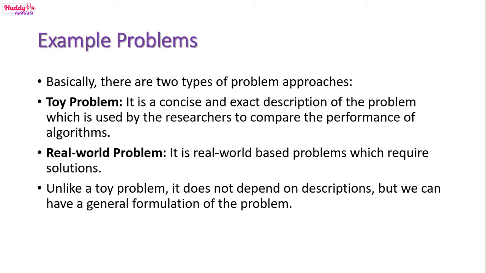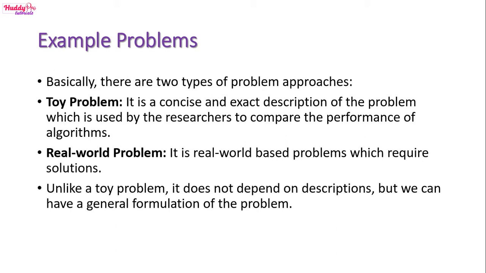So we formulate a simple problem, and now we subject several algorithms to it, and we use it to find the optimal solution or to solve a problem. And now we compare the performance of those algorithms. So these are what we call the toy problems. Then we have the real world problems.